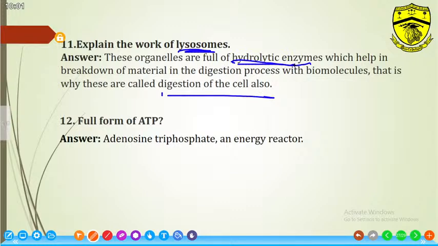Another part in the question, full form of ATP. The production of energy called ATP from mitochondria, from the process of aerobic respiration, a metabolic action. So ATP, adenosine triphosphate, is an energy carrier.